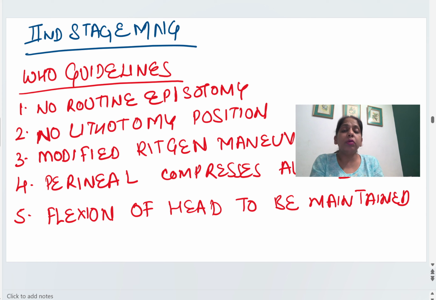Now there are some WHO guidelines for the second stage. First of all, no routine episiotomy, and second, no preference to lithotomy position. In which position will we do the delivery?